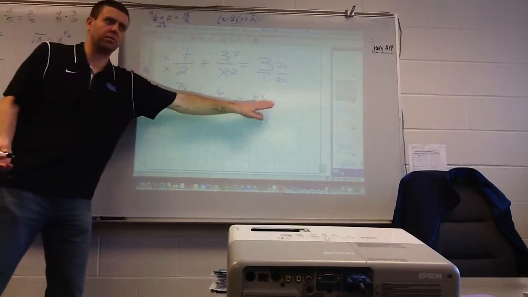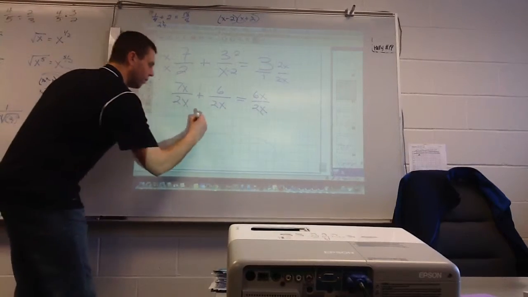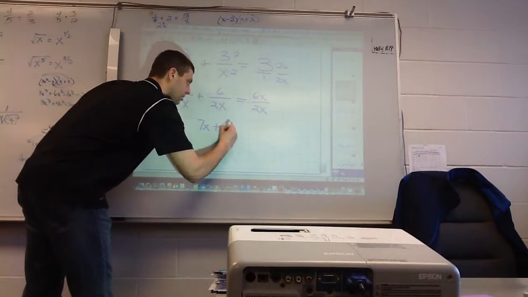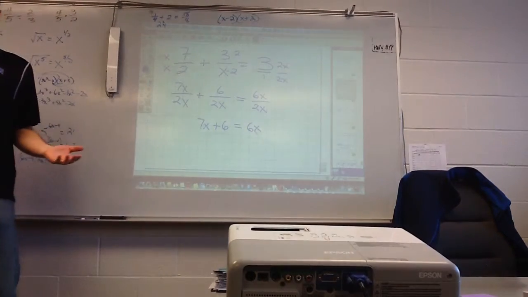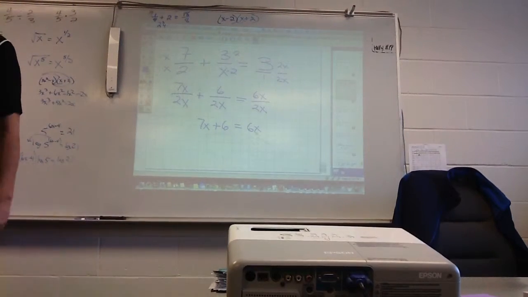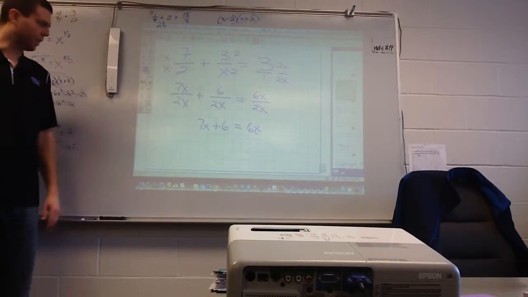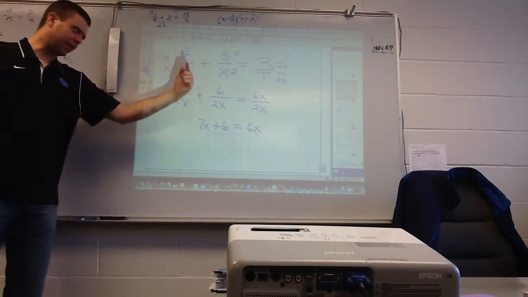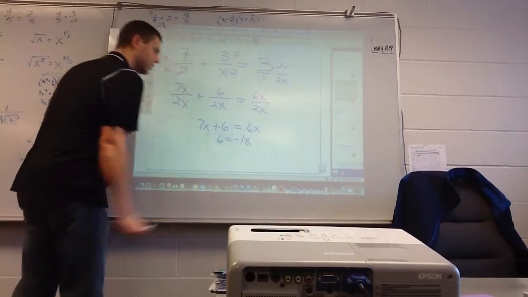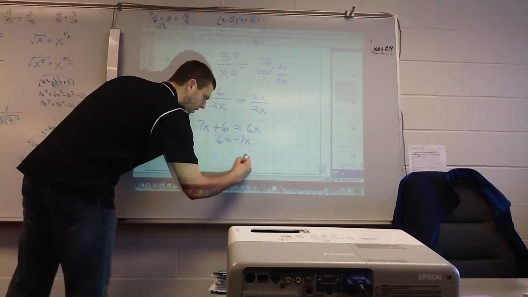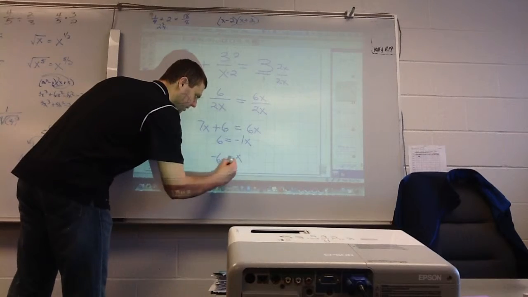They're all the same. So therefore, 7x plus 6 has to equal 6x. That's an easy equation now. Just get x by itself. A nice linear equation. Subtract 7x from both sides, so 6 equals negative 1x. Divide by negative 1, you get x equals negative 6.